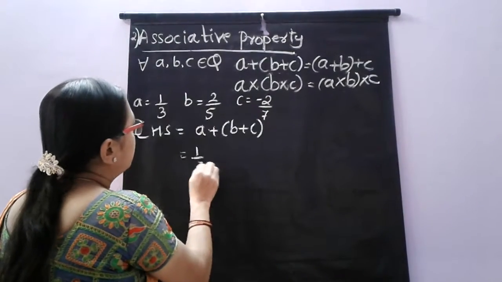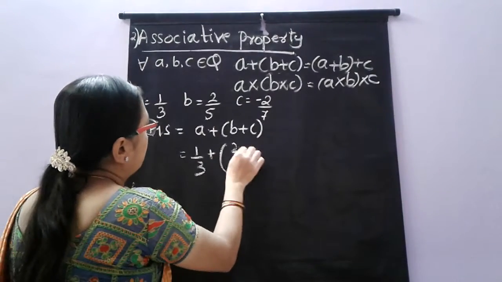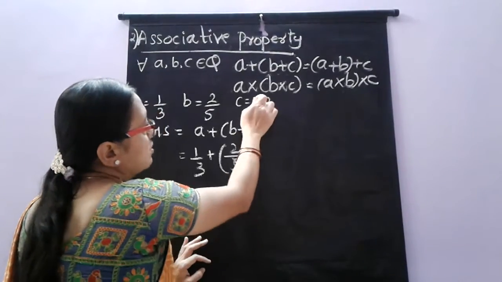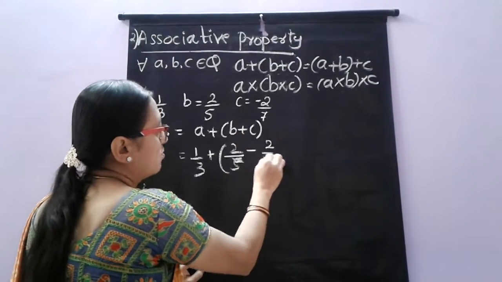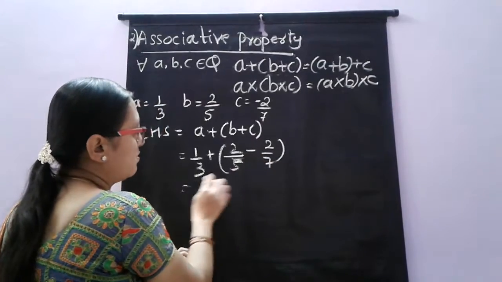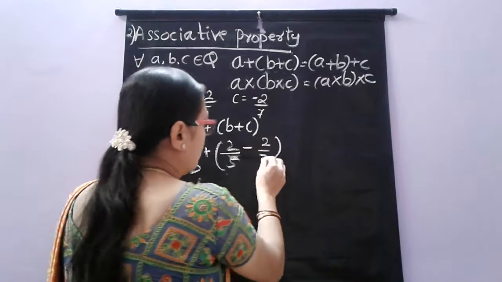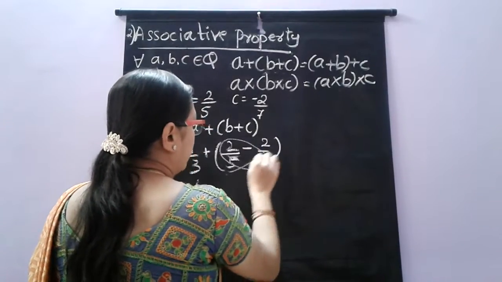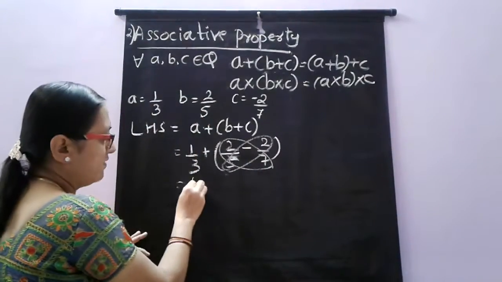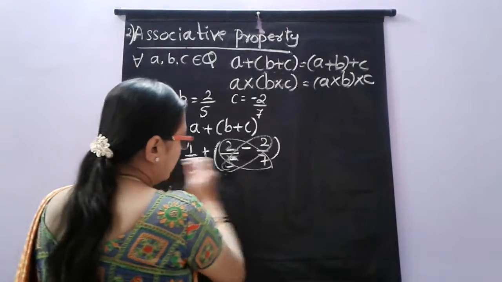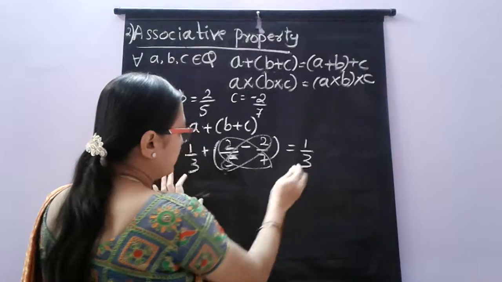First one is 1 by 3 plus 2 by 5 minus, this plus into this minus will be minus 2 by 7. So, what is LCM of 5 and 7 first? Okay. LCM of 5 and 7, or again butterfly method. Better is butterfly method here. So, 1 by 3 as it is plus, I am writing here 1 by 3.